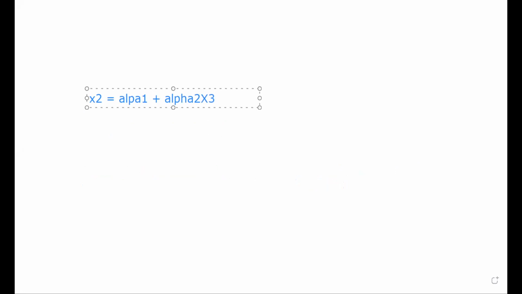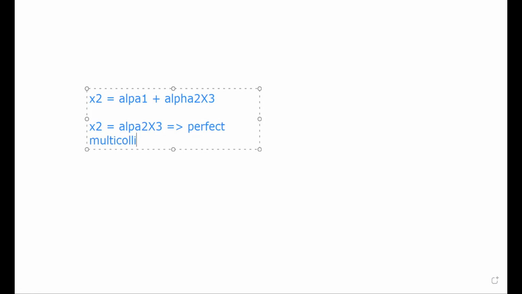Then there is a perfect multicollinearity. This one is also perfect multicollinearity.